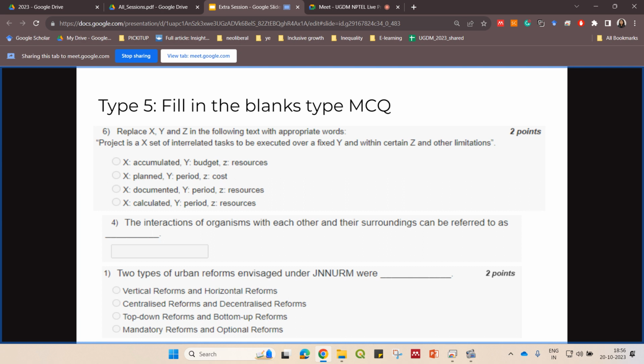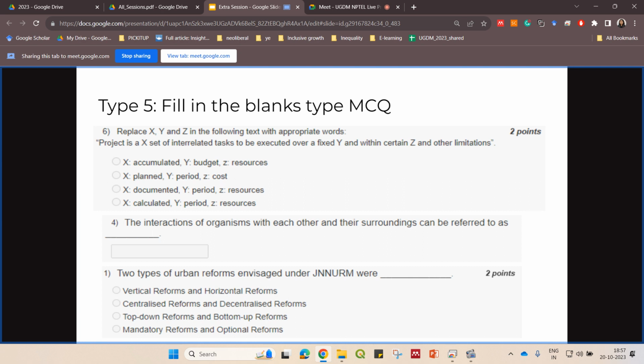Try to focus on answering in a very short and precise manner, not going overboard with answering in detail, because this is a short answer question and it is only a fill in the blank. So focus on answering shortly and precisely, and focus on giving the correct spellings for your answer, because often these assignments or these exams are marked by computer systems which do not take into account incorrect spelling.